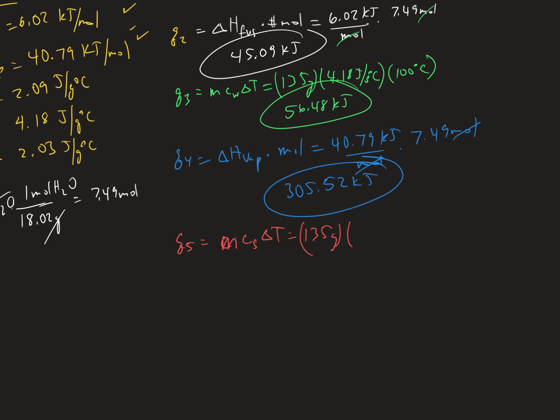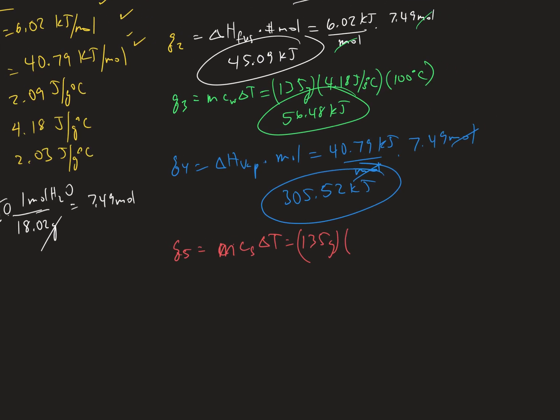C is now 2.03 joules per gram degree Celsius. And the change in temperature is 20 degrees Celsius. Everything cancels except for the joules. Convert that to kilojoules when we're done, and it's 5.48 kilojoules.